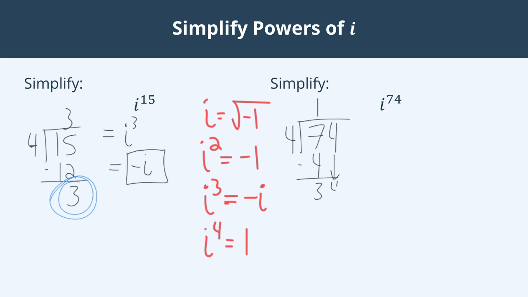I carry down my 4. 4 goes into 34 8 times. 8 times 4 is 32. When I subtract that, I have a remainder of 2. That remainder of 2 tells me my new exponent. So i to the 74 is the same thing as i squared. And according to my list over here, i squared is -1.